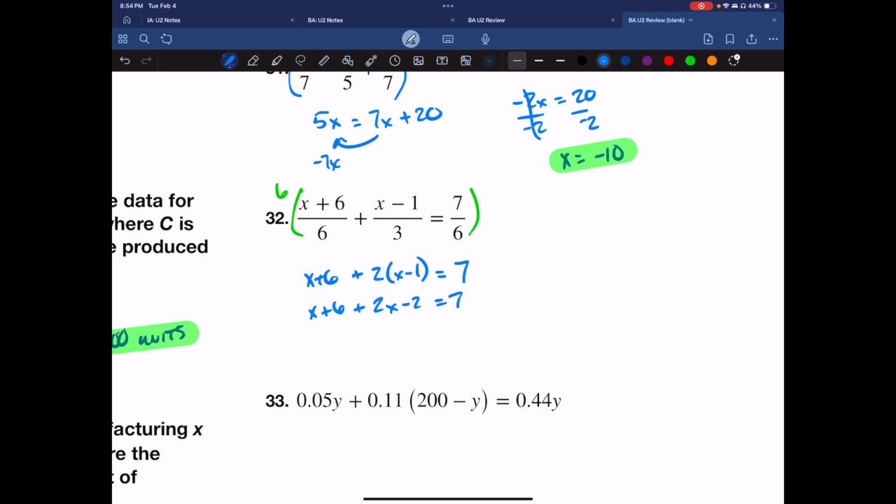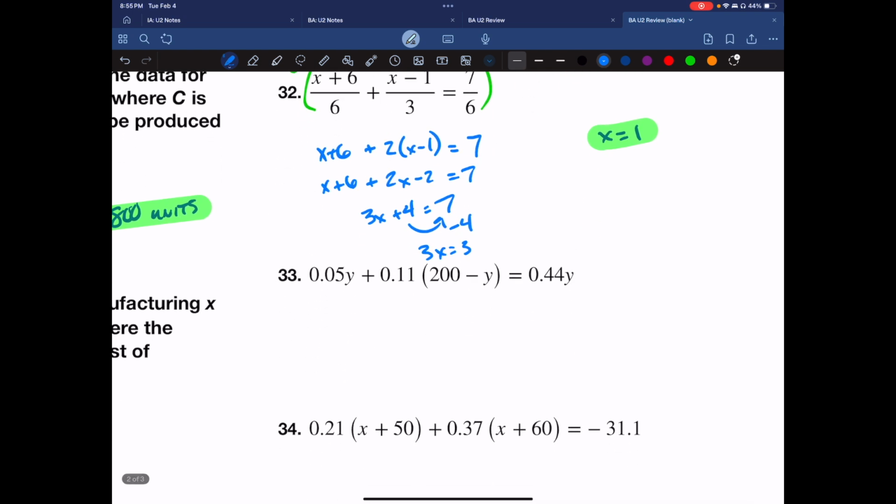All right, again, clean that up. So it's going to be 3x plus 4 equals 7. And it's going to be minus 4. So it's going to be 3x equals 3. And you can already see x equals 1. Okay. So again, it's very satisfying when something as complicated as this comes out to something really simple.